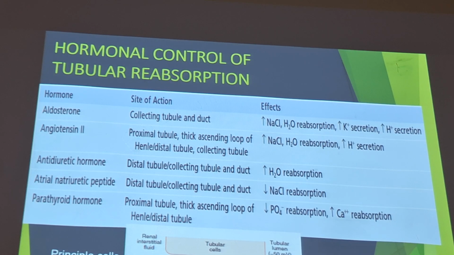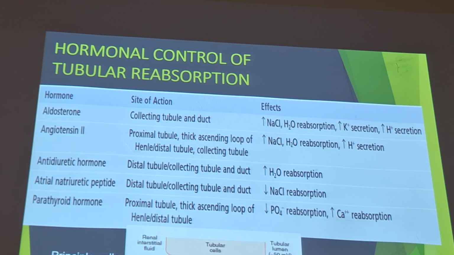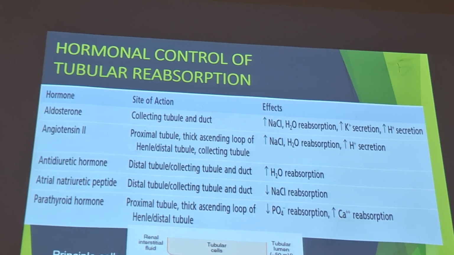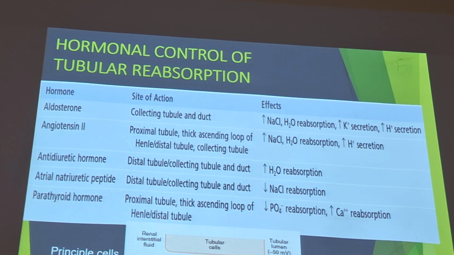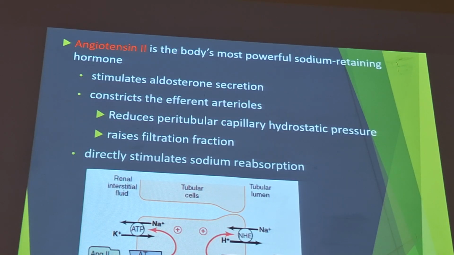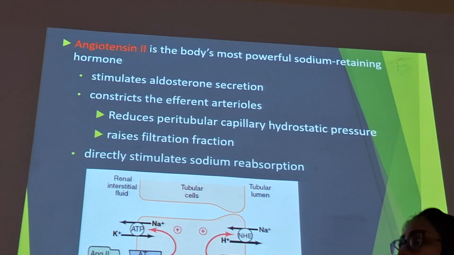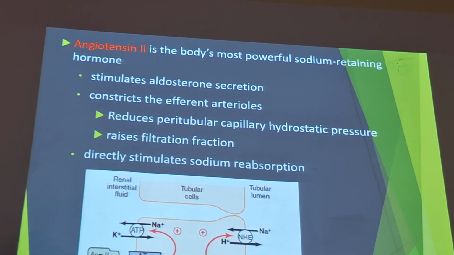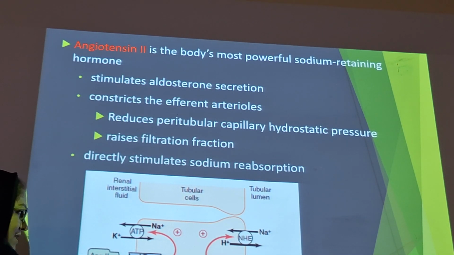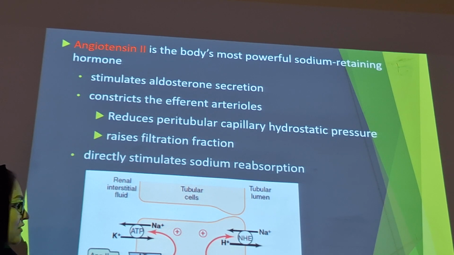Another one is angiotensin 2. In all portions of tubule, it can act, and the effect is increasing NaCl and water reabsorption, increasing hydrogen secretion. Here you can see the action of angiotensin 2, the effect on the receptor is AT1.